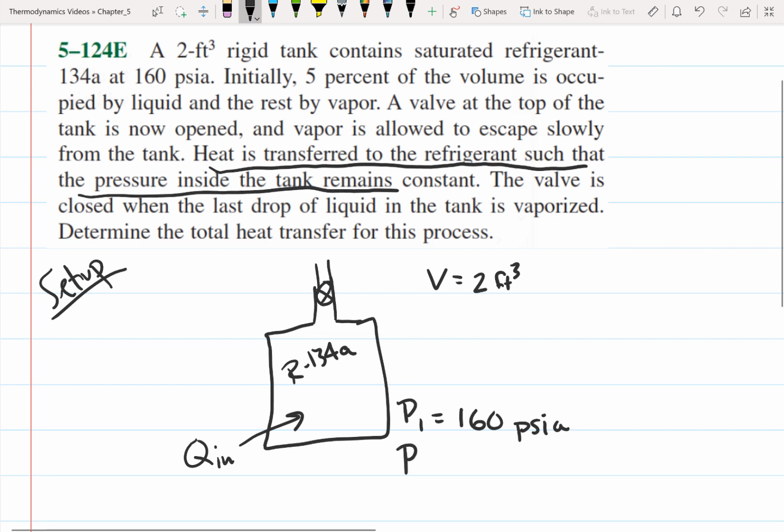So therefore we know that P2 is equal to P1. And it also gives us that this starts out as a saturated mixture.